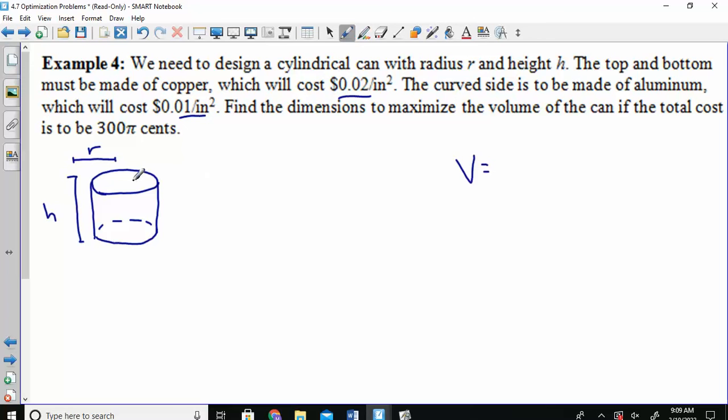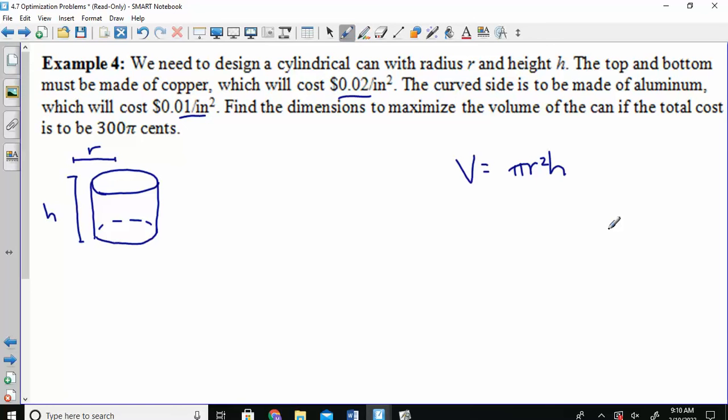Alright, so volume of a can. Volume is like area of the base times the height. Okay, so the base is a circle, so area of a circle is pi r squared times the height.